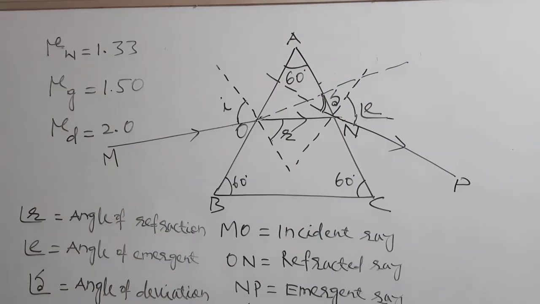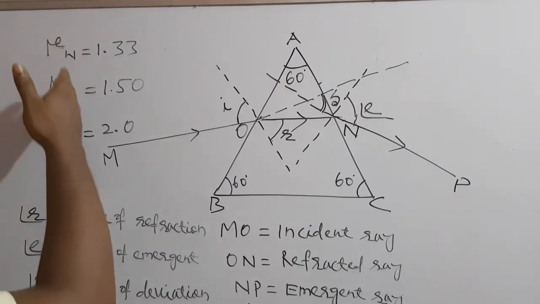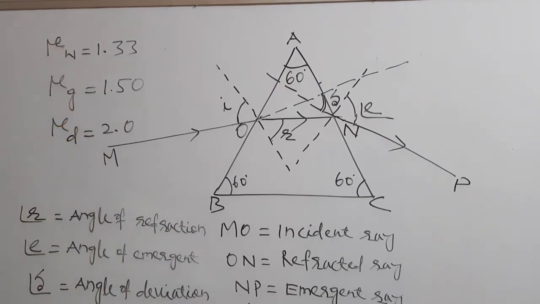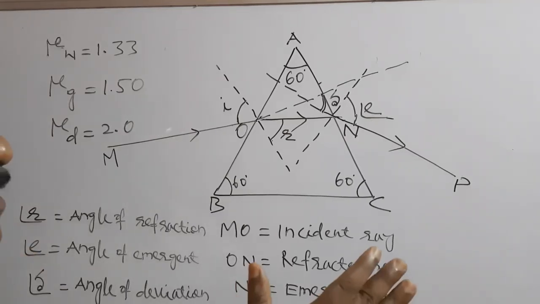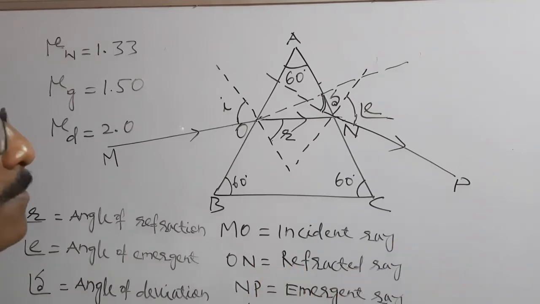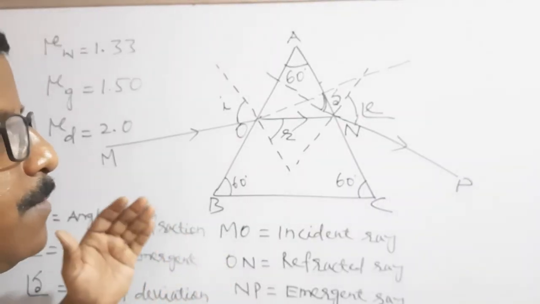So whose refractive index is more here? Among the three, the diamond's refractive index is more. So when a light ray falls on diamond, it will deviate with a greater angle, meaning the angle of deviation will be more.